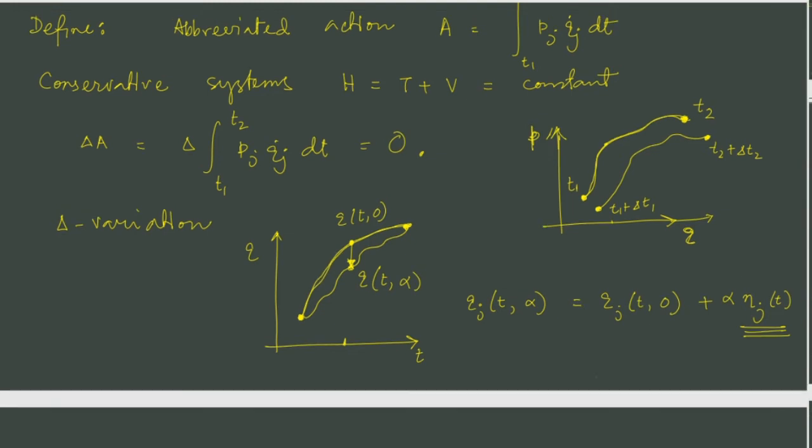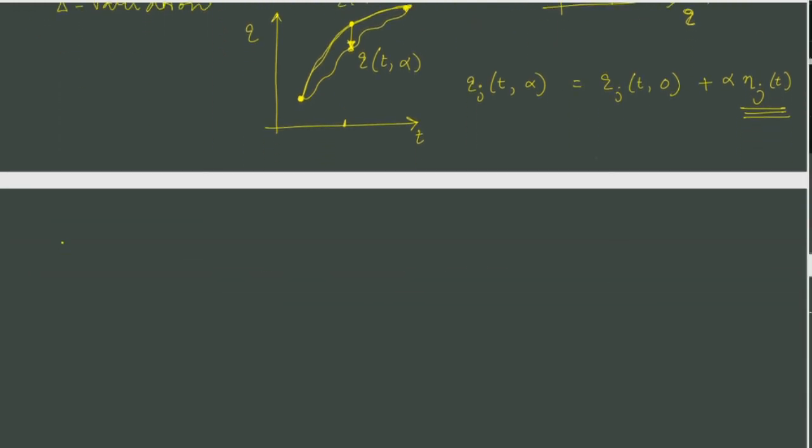Or if we draw this entirely in terms of q's, then the picture is simpler. Suppose this is the original path and this is a variation. So for this q, at this particular time, this variation is like a virtual displacement, which does not involve time. So this is like delta q.